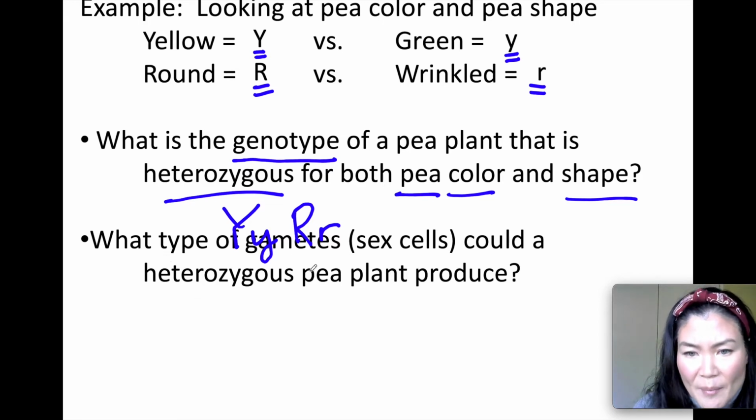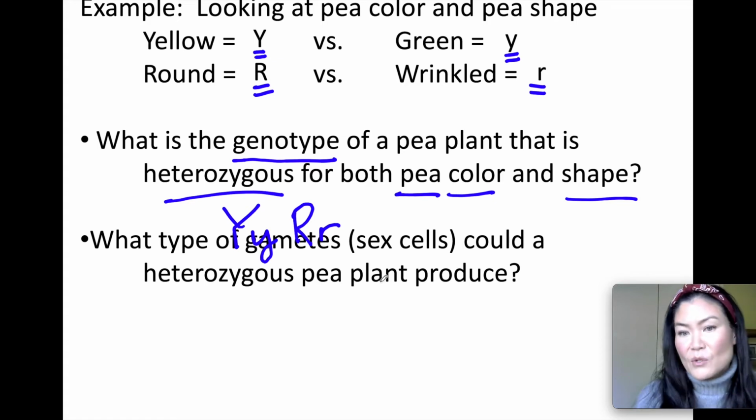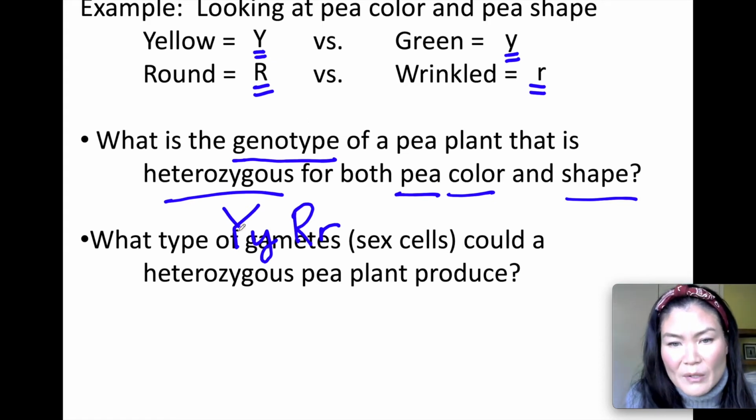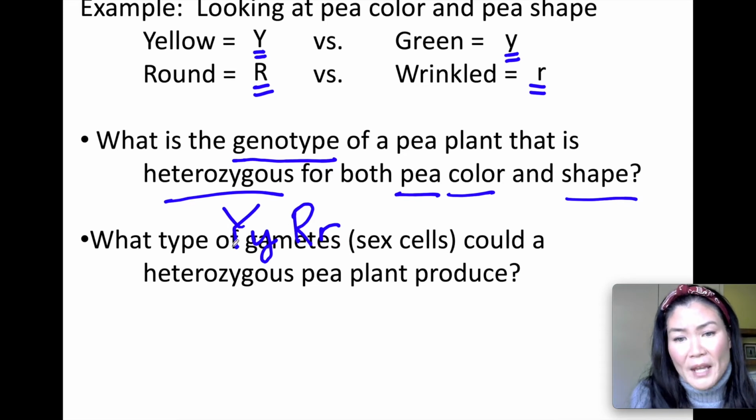What type of gametes, sex cells, could a heterozygous pea plant produce? We went over that on the last slide, but just to clarify, this plant that is heterozygous for both traits can produce 4 different possibilities. By the law of segregation, those two genes are going to separate, big Y, little y.